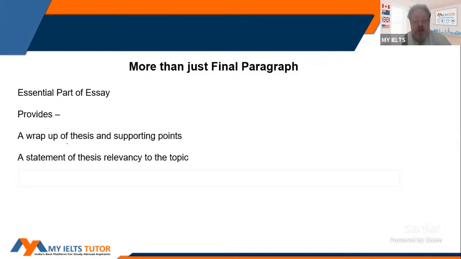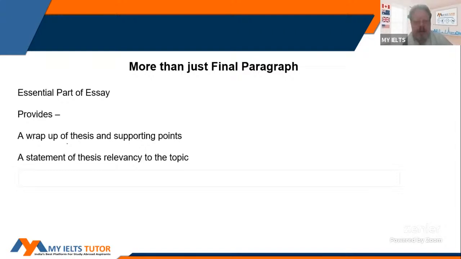It's also a restatement of the thesis and how relevant it is to the topic. So the thesis, the relevancy of the thesis to the topic. That's what I mean by that.